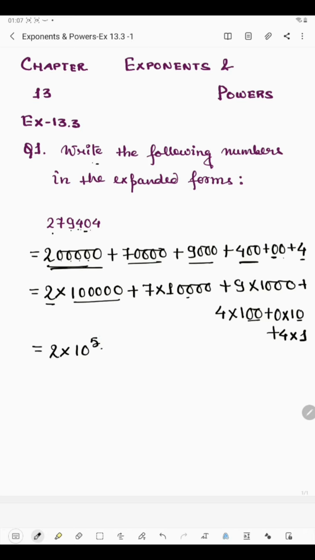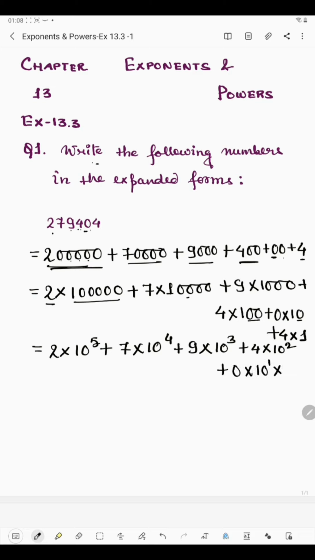Now here 7 into 4 zeros, so it will be 10 to the power 4. Then 9 into 3 zeros, so 10 cube. Then 4 into 2 zeros, so 10 square. Now after this 0 into 10 was there, so it is only 1 zero here, so we will write the power 1 here.